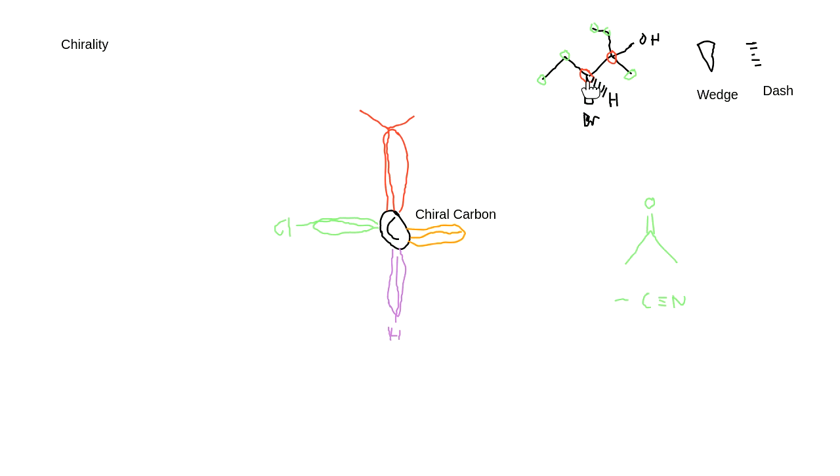If I only place one wedge for bromine, but let's say I do the same thing with bromine as a wedge, but I indicate the dash is actually a chlorine.